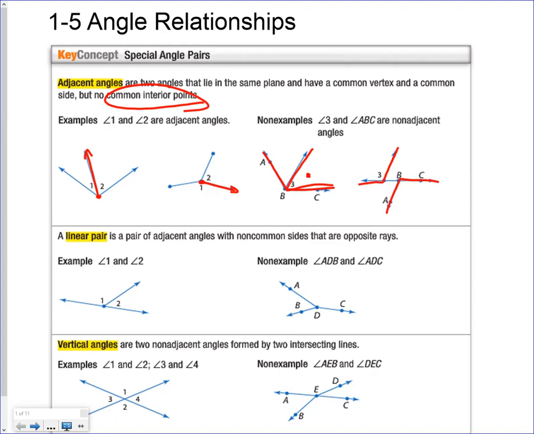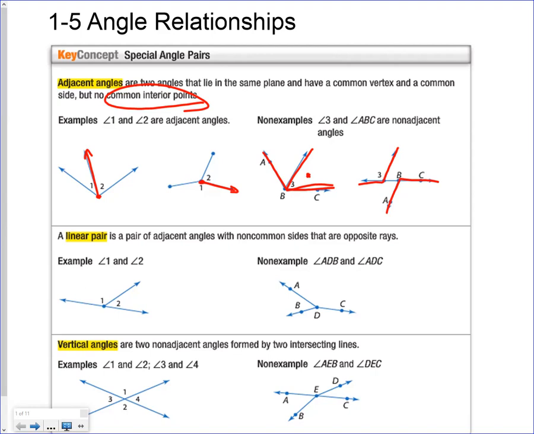They don't share any common interior points, but the problem here is that not sharing a vertex is the biggest part. It would also be a stretch to say that they share a common side. They do have a line in common, but that doesn't really mean their side is in common.